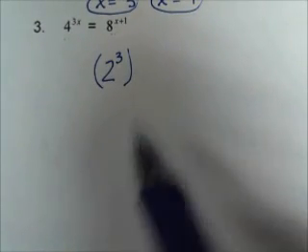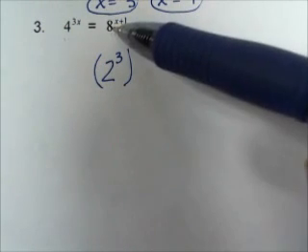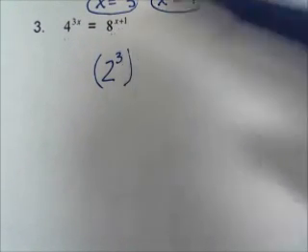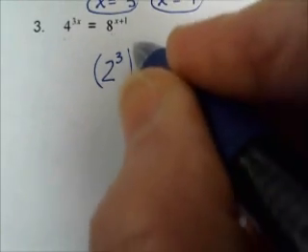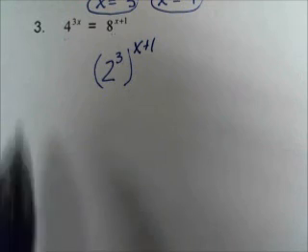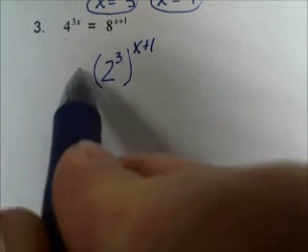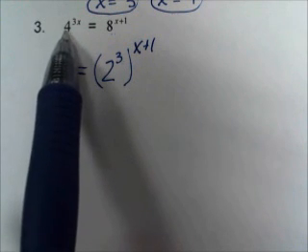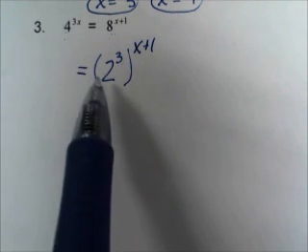So all I'm doing here is taking 8 and expressing it as 2 to the 3rd, right? 2 to the 3rd is the same as 8. Let me copy the exponent, x plus 1. And now on the left-hand side, we want to express the base 4 as 2 to a power.